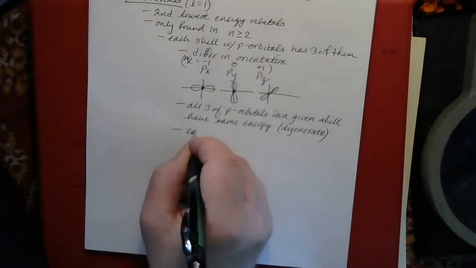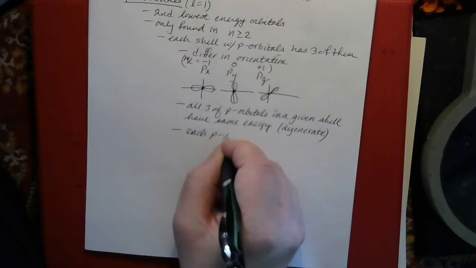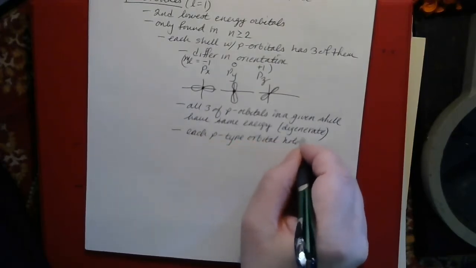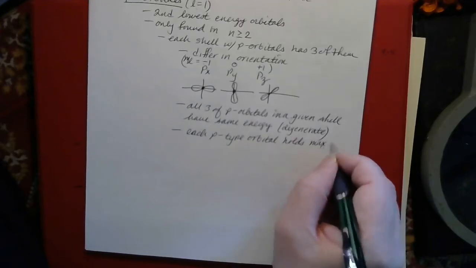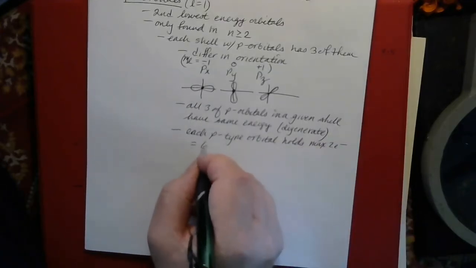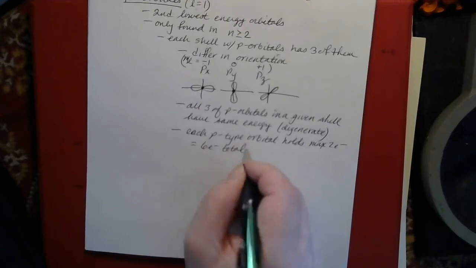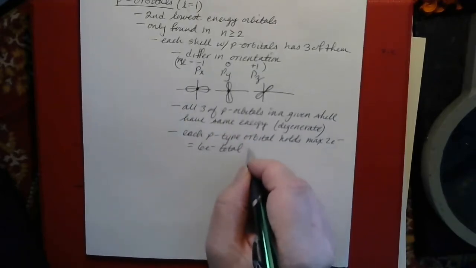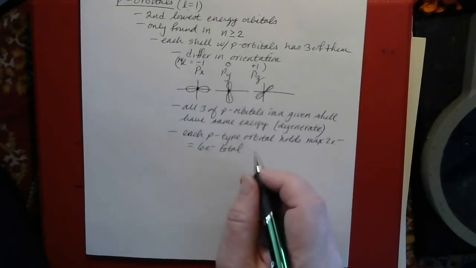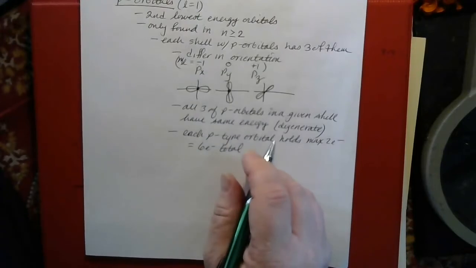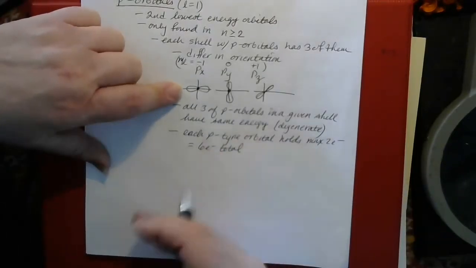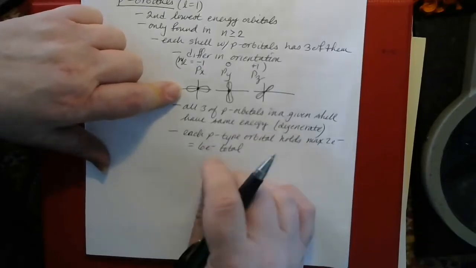Okay. Each p-type orbital can hold a maximum of 2 electrons, which is 6 electrons total for the 3 of them collectively. And the main difference between the p orbitals in n equals 3 versus n equals 2 is just the p orbitals in n equals 3 have higher energy and they're bigger.